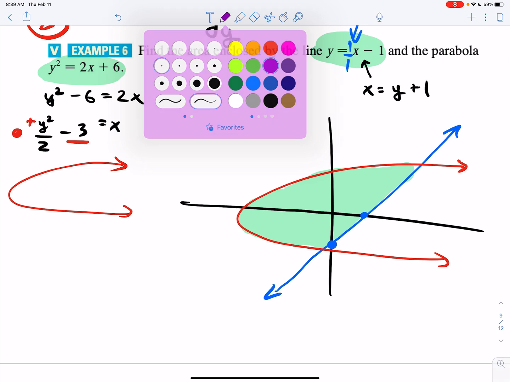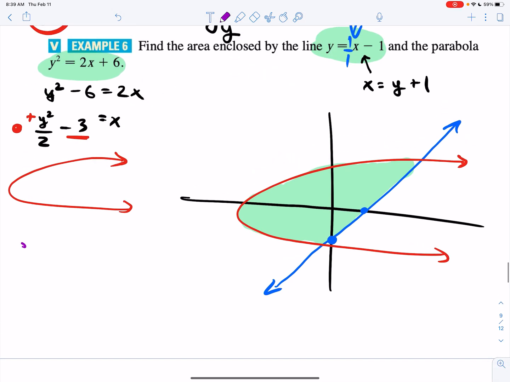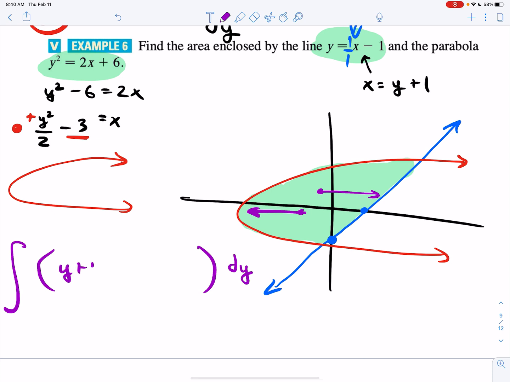Okay, here we go. So we're going to set up our integral. I know this is going to be with respect to y because there's a clear right function and a clear left function. So I should say equation or relation. So my right equation is the linear function. So I'm going to write y plus 1.